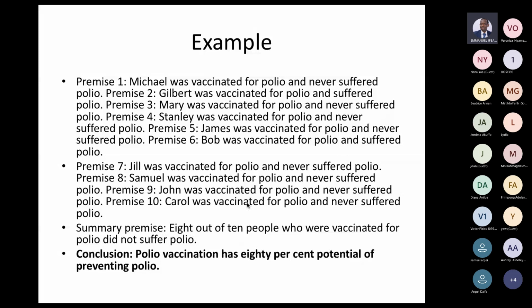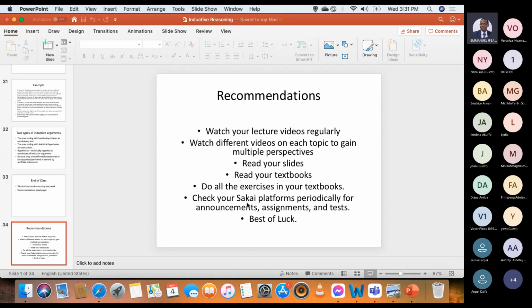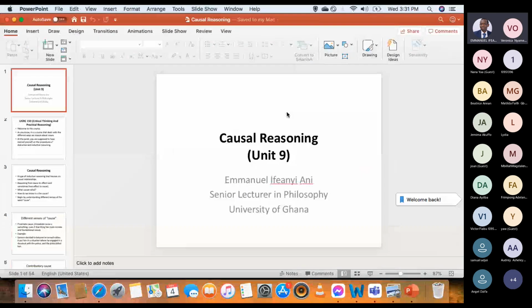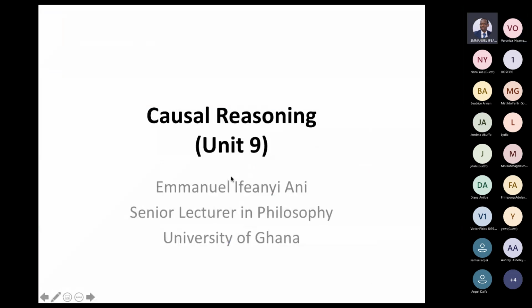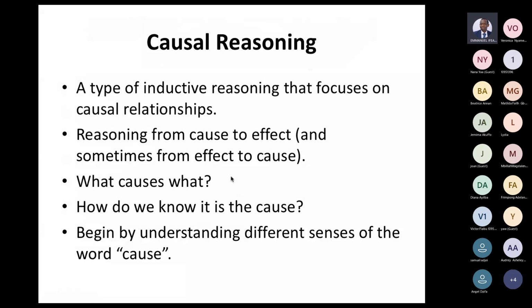So those are the two kinds of inductive arguments we saw before we rounded up that class, and then we looked at causal reasoning. The causal reasoning was a short class which began by looking at the different senses of the word cause. Now, causal reasoning is a type of inductive reasoning that focuses on causal relationships.